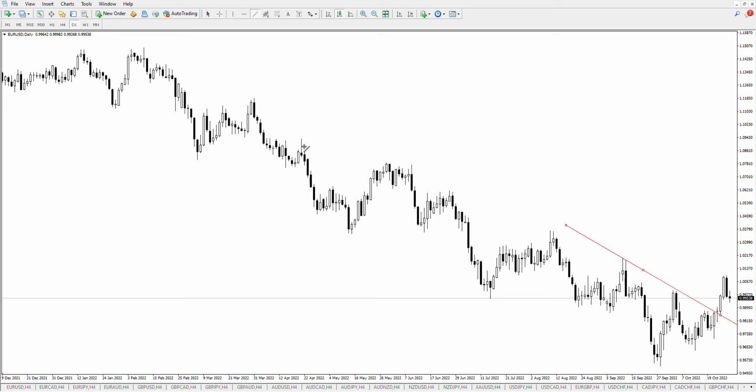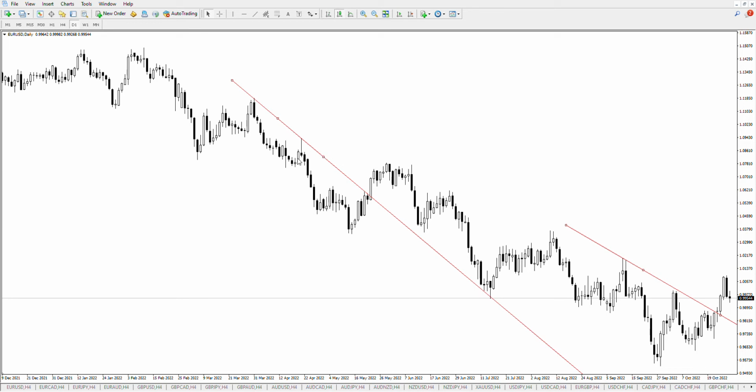Highs have to be of equal height, like let's see here. It didn't work out here, it's not always working out, but here we connected two recent highs.